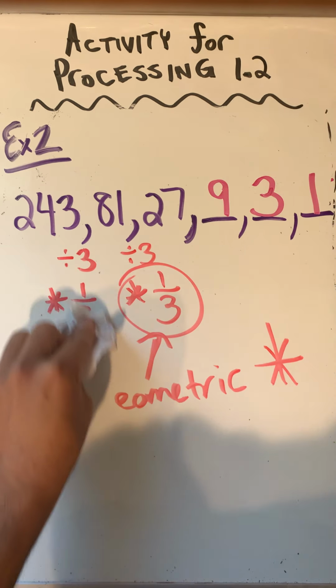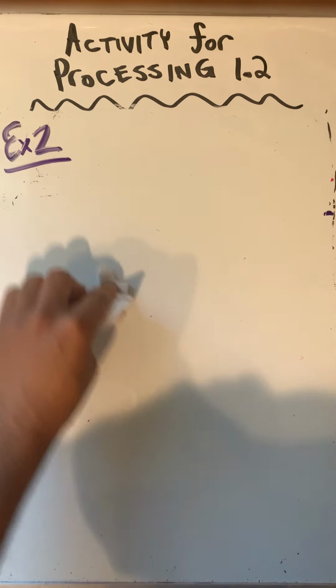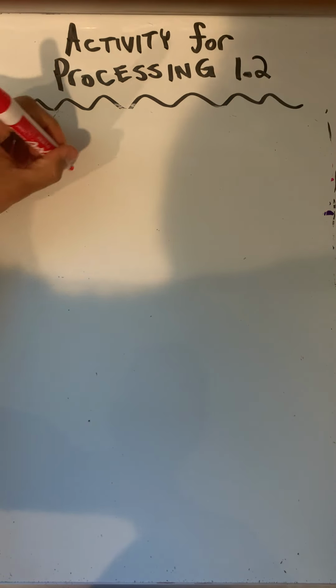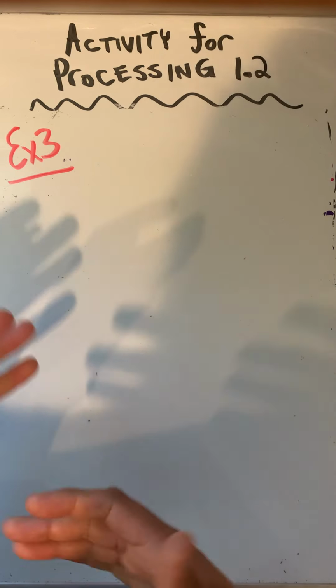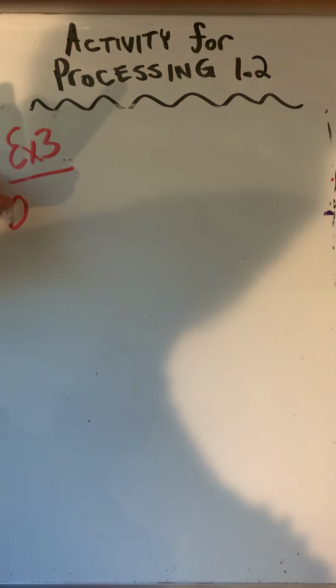All right, let's hop into our last problem here, and we'll call it a day. Example 3 is also a geometric sequence, and you're going to be asked to find the growth factor and determine the next few terms of the sequence. So let's try this out.